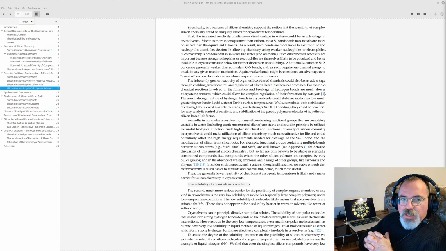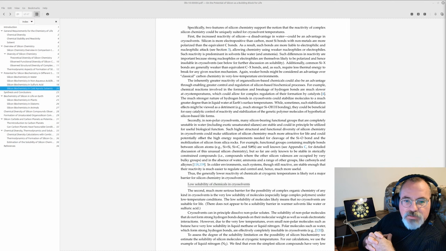Right, during the last live stream, we covered slightly more than half of the paper that you can see on the screen. Therefore, we have, in brief, covered the general requirements for the chemistry of life. We've done an overview of silicon chemistry, and we are currently going through the potential for silicon biochemistry in different solvents.